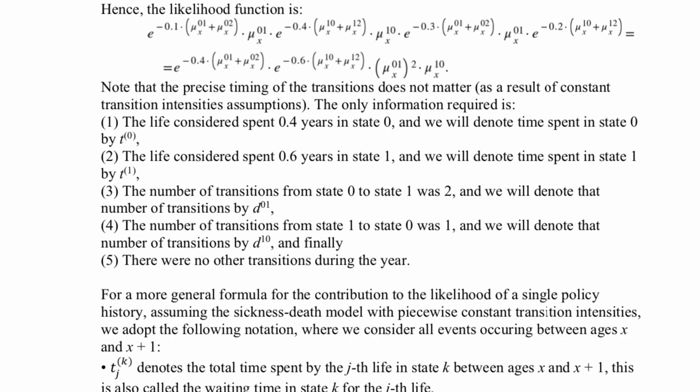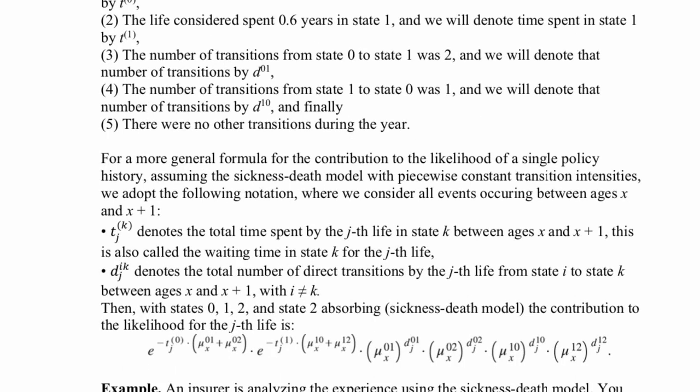So it's a consequence of the constant transition intensities assumption. And the only information required is the time the life considered spent in each state. The life considered spent 0.4 years in state 0, and we will denote that time by t0 in brackets. The life spent 0.6 years in state 1, and we will denote that by t1 in brackets.